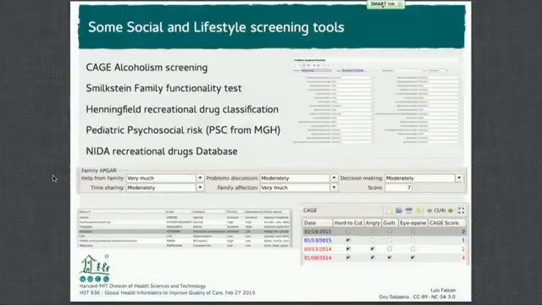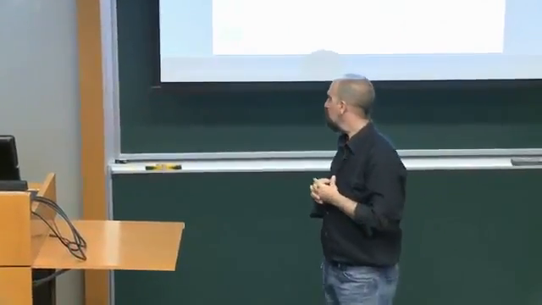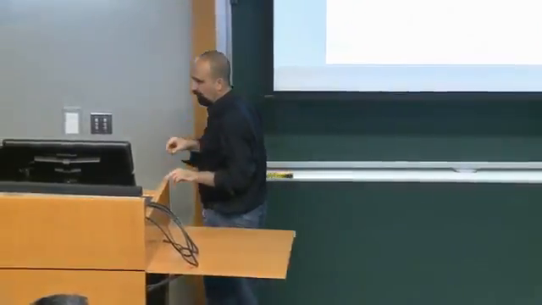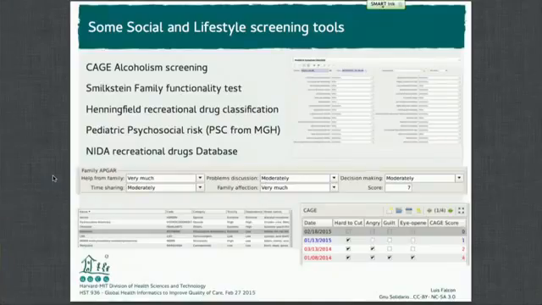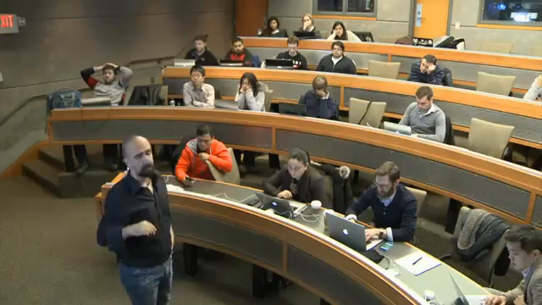You don't want to be typing things in, so you want to get a result that will put you on what level of whatever test you are taking. By the way, this type of tests, here I'm putting the psychosocial risk of the MGH, can be done by that citizen portal that we talked about before. So somebody can just say, hey, I want to enter the family APGAR, I'll just go to the citizen portal and put that information without the need of actually going to the health center.